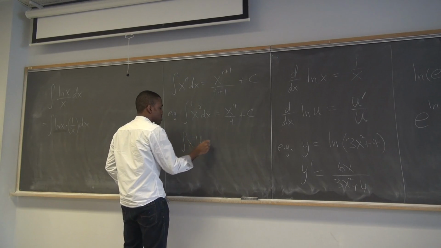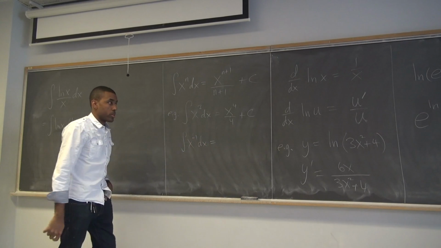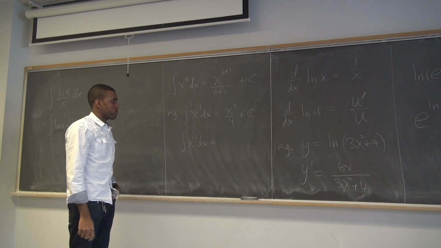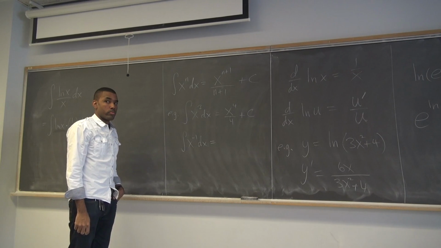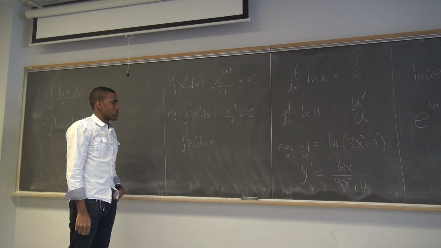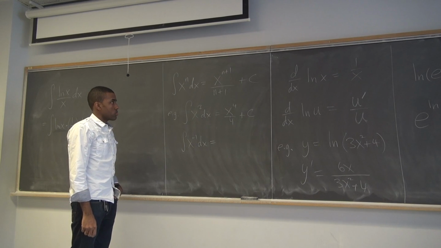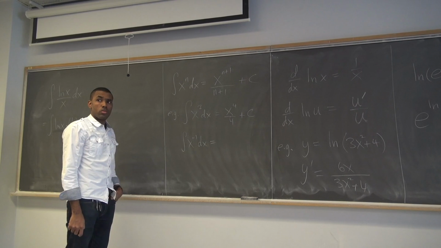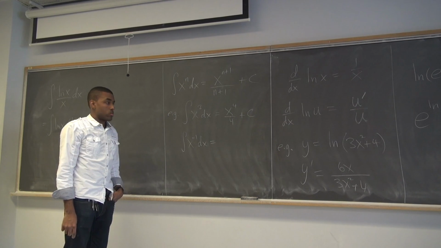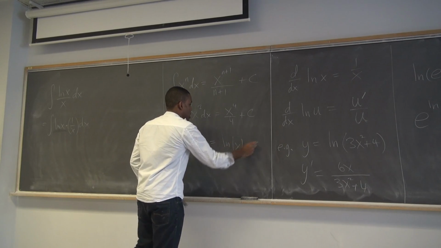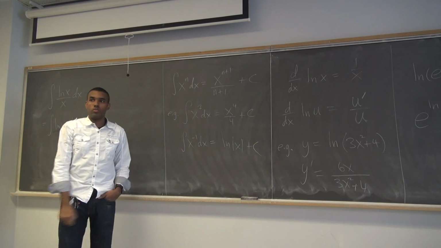So if I have x to the minus 1, let's look at that one, what would happen? The negative 1 would go to the front, and then it would be minus 1 plus 1, which is zero. Why could I not apply this rule?